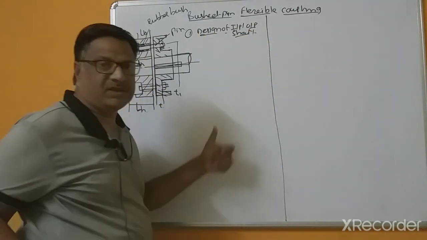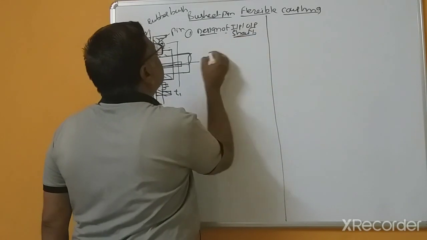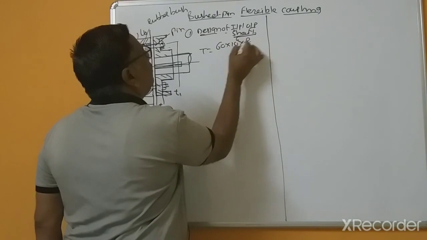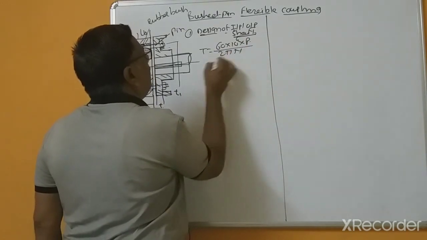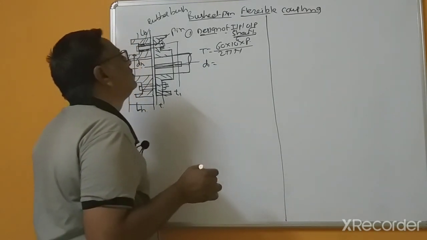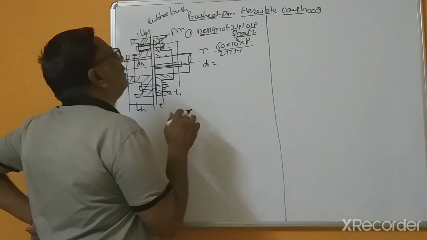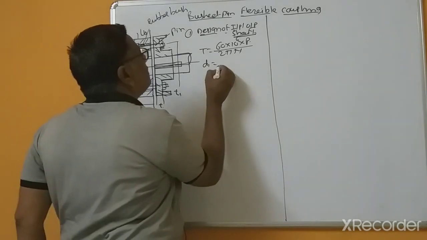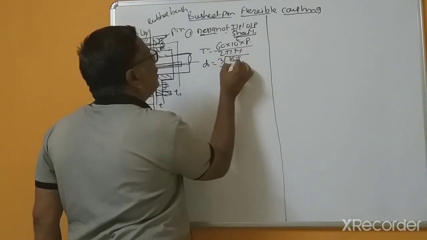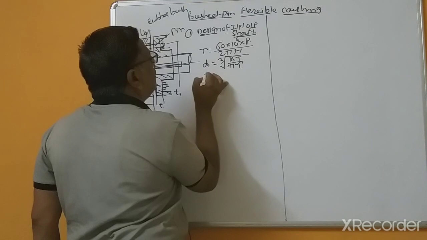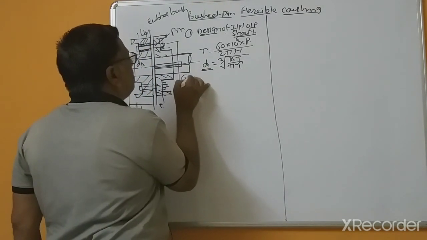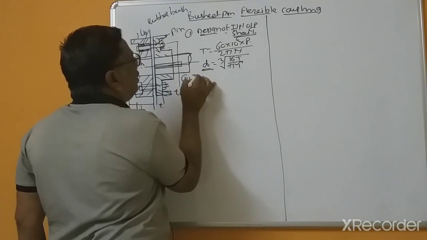Now you are familiar with these steps, so I am directly writing T = 60 x 10^6 x P / 2 pi n, and D1 is the diameter of the shaft, D1 = cube root of 16T / (pi x tau). So D1 is the diameter. That is the first step.